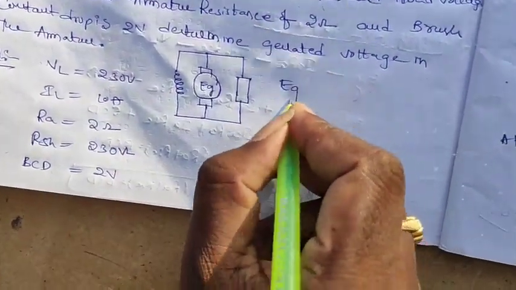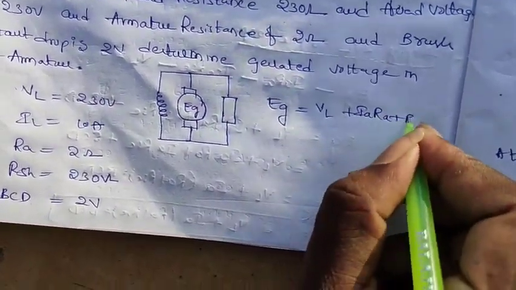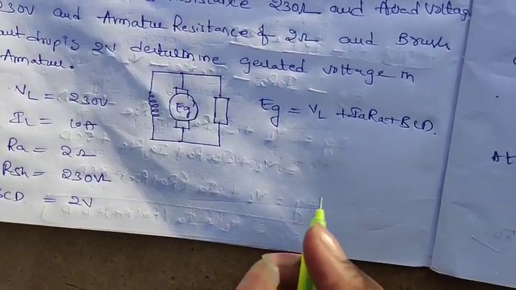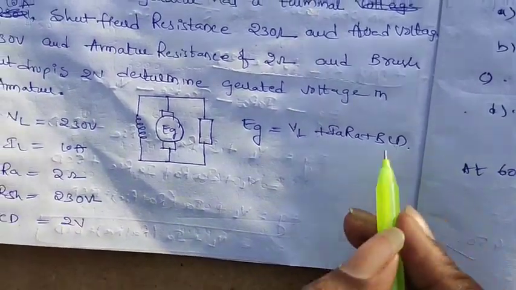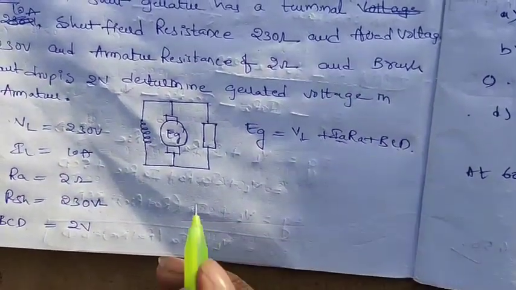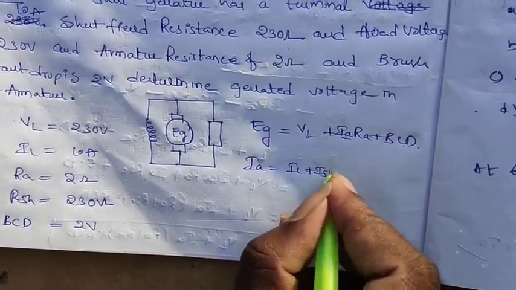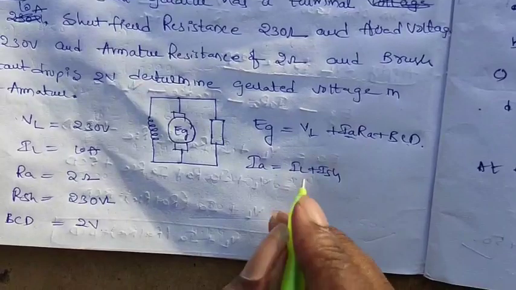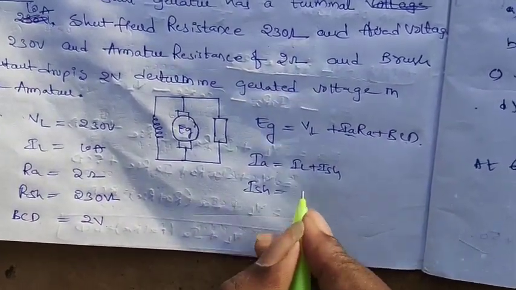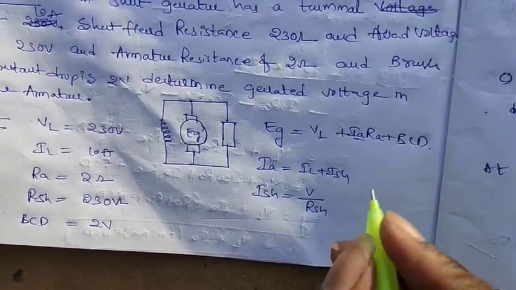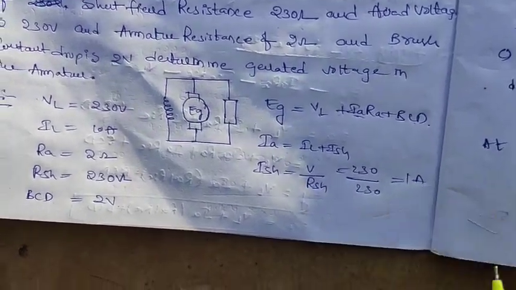What is the formula for EG? EG equals VL plus IA RA plus BCD. In this problem VL is known, 230 volts, RA is 2 ohms, BCD is 2, but we don't know IA. So we use the formula IA equals IL plus ISH, studied in the shunt generator case. IL equals 10 amperes, and ISH equals V by RSH, which is 230 divided by 230, that is 1 ampere.